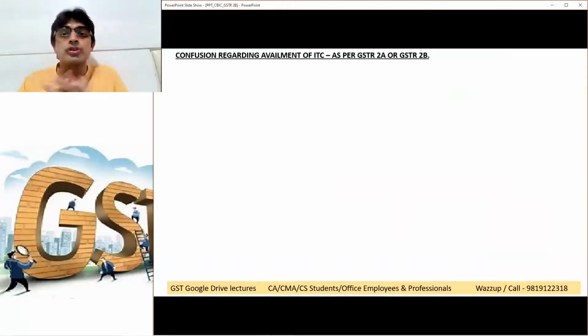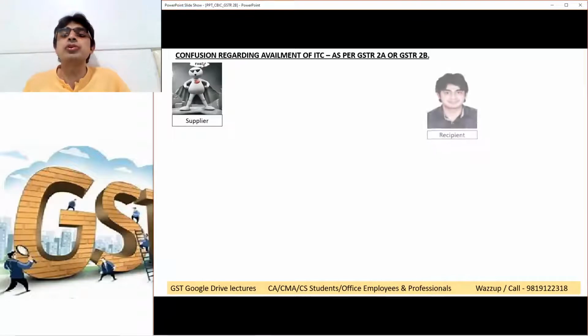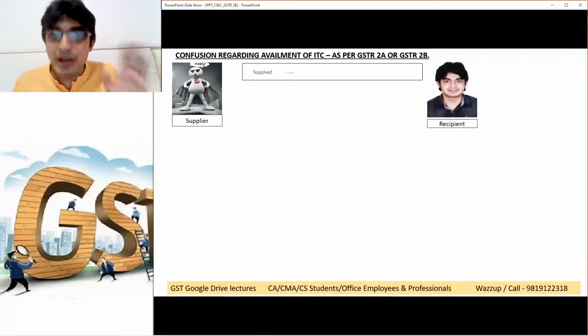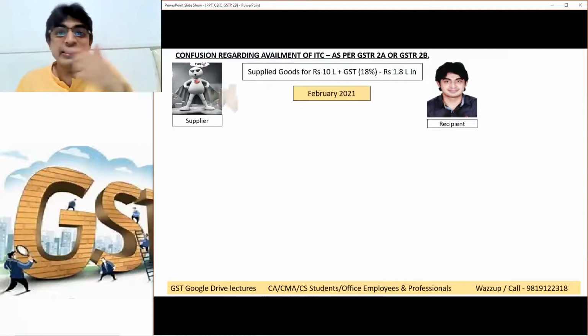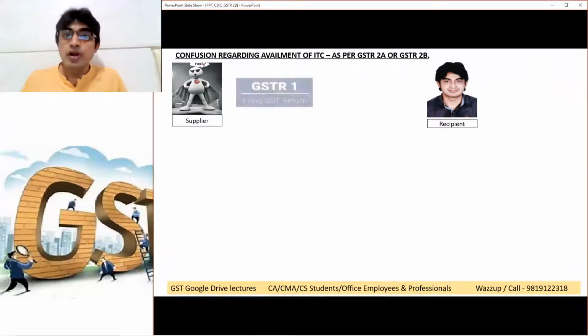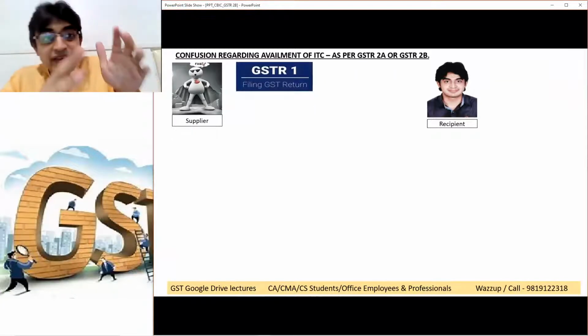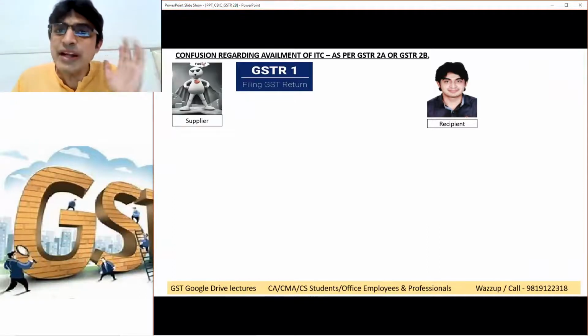Now comes the confusion. What is the confusion here? See, let me share an example with you. Suppose from this supplier, I have purchased goods of 10 lakh plus 18% GST in Feb 2021. Now, the supplier was required to file GSTR 1 by 11th March. But do you know when he filed?